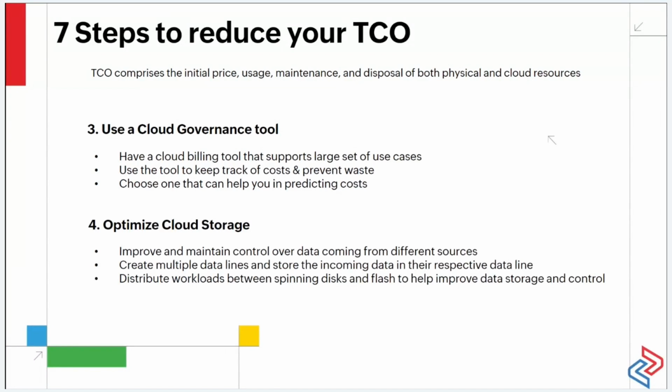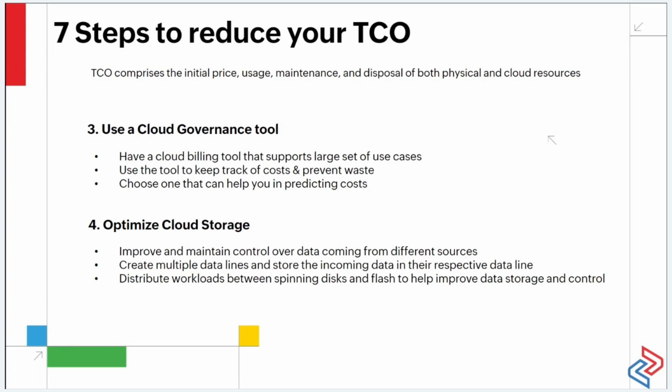Optimizing your cloud storage. Now, it's very imperative whenever you're doing some heavy data operations, or if you're running an application that has a lot of data input and output involved, that you optimize your cloud storage both between physical hard disks and flash to improve the storage and the control that you have over data.